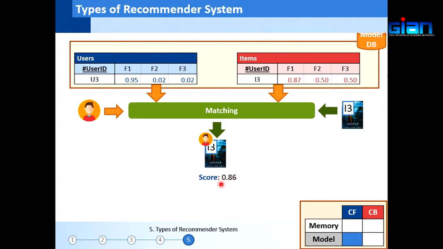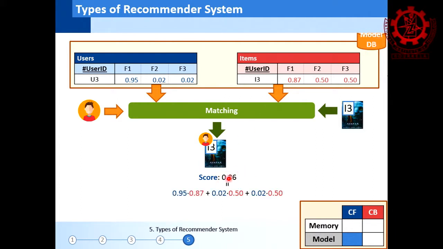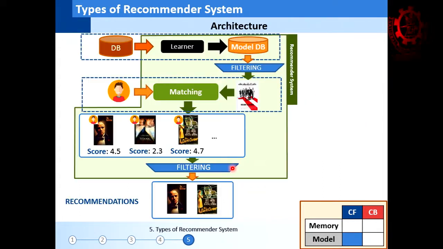And this score is usually calculated as the scalar product of these two vectors. This is very typical. It is this number multiplied by this one, plus this number multiplied by this one, plus this number multiplied by this one. So we have the score of this value. So we have here the recommender system based on models and based on collaborative filtering.